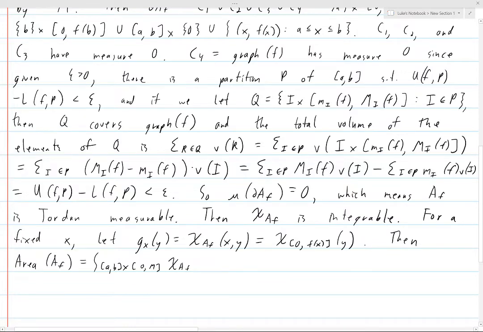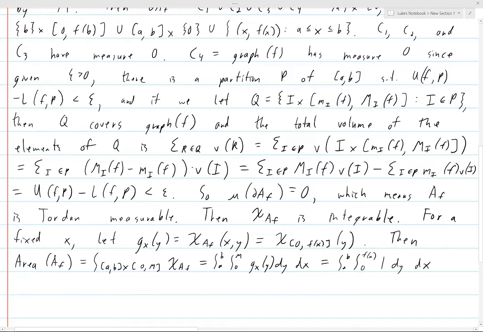And then if we're integrating this indicator function on 0 to f(x) from 0 to m, basically this is going to be 1 if and only if y is between 0 and f(x). So this is just the integral from 0 to f(x) of the function 1 dy dx.